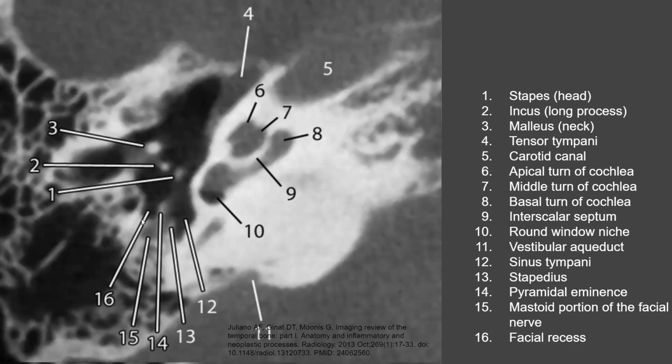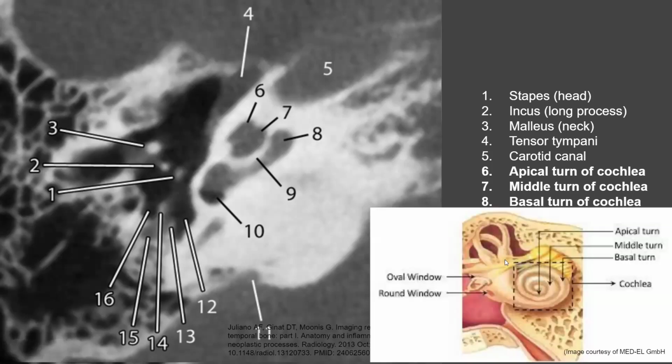So why is all this important? Well, the facial recess is going to be anterior to the facial nerve. Number 15 is the facial nerve, so facial recess anterior to the facial nerve. So SPF, pyramidal eminence is going to stick up here. But the main reason I pay attention to this is that the facial nerve is going to be right behind the facial recess.